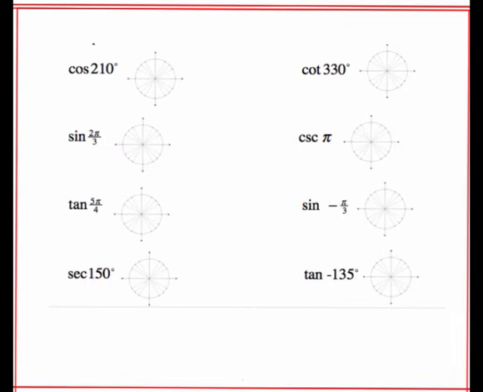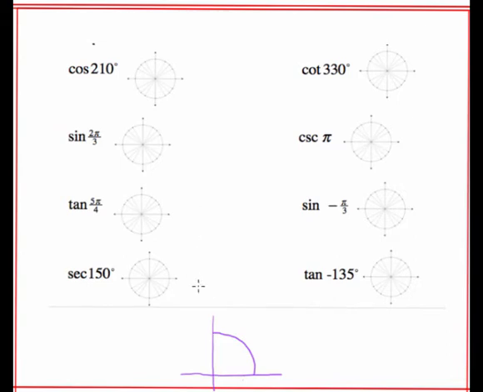All right, so let's actually use all the things that we've learned so far to evaluate some trig expressions. Okay, so before we go to solve these, let's create the unit circle, but really only in the first quadrant.